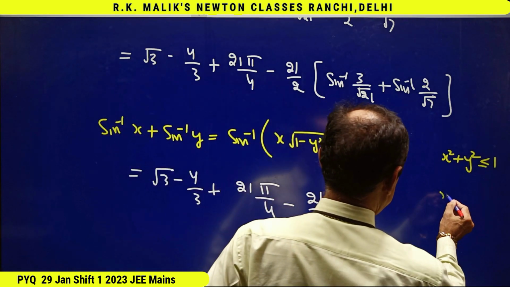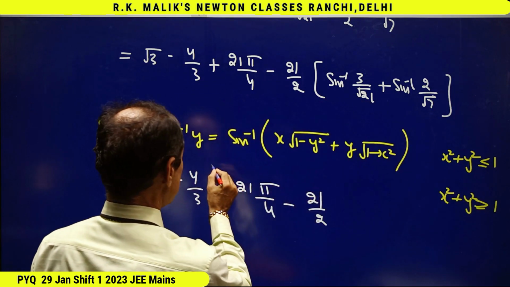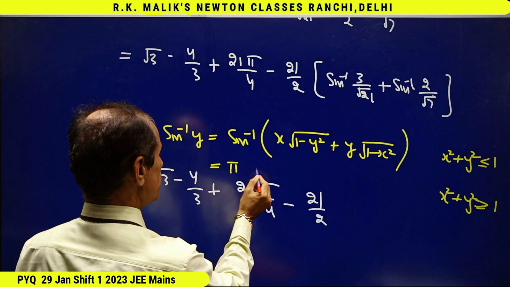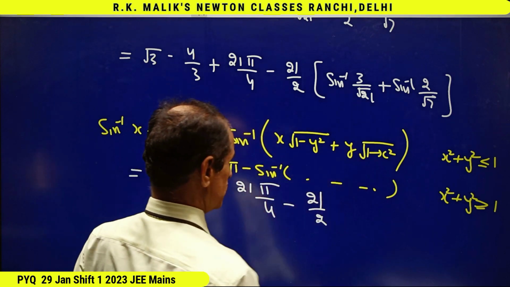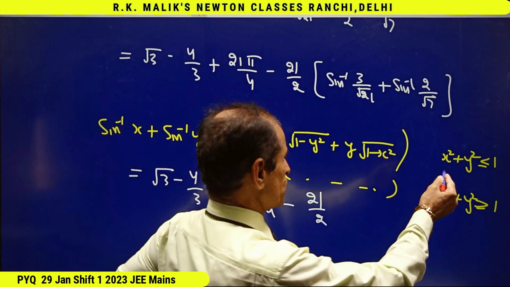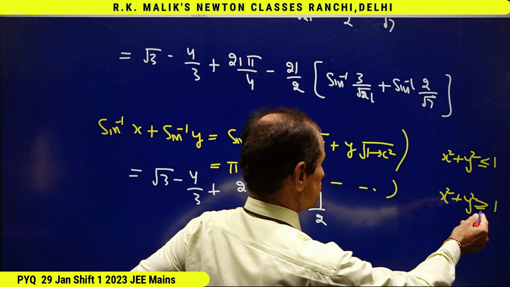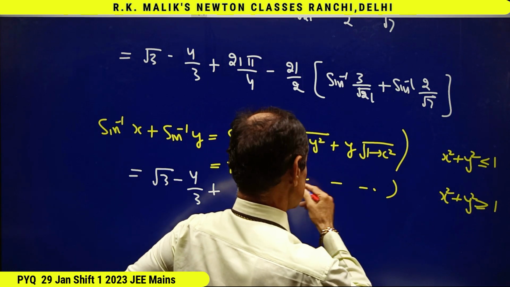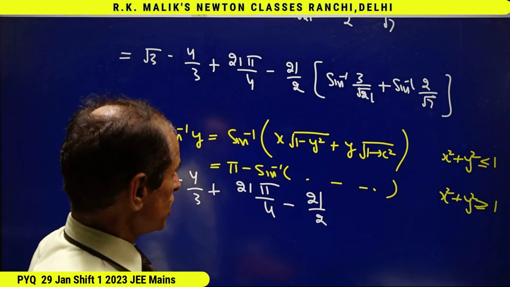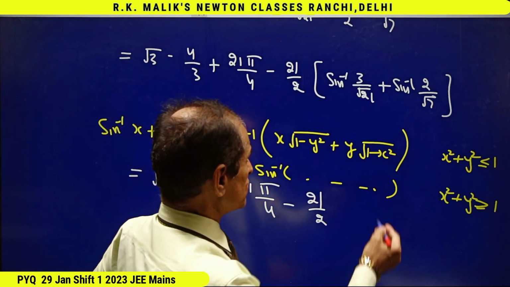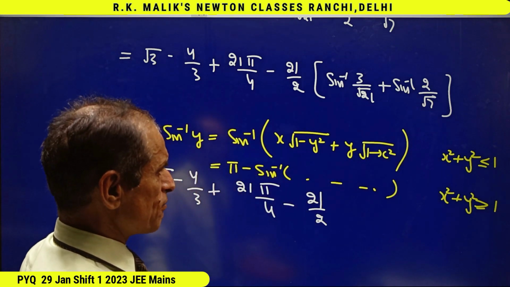But if x square plus y square is greater than or equal to 1, I will have to write pi minus sine inverse of the same thing. That is, if x square plus y square is less than 1, we will be using this. For x square plus y square greater than 1, we will be using this. For equal to 1, you can use any one of them. Both are correct.